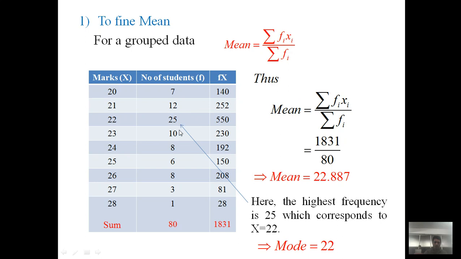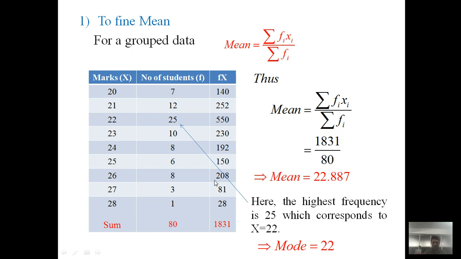So the first column is x, the second column is f, and we are interested in finding f into x. So in the third column we find the multiplication of these two. So 20 into 7 is 140, 21 into 12 is 252, and so on, 28 into 1 is 28.